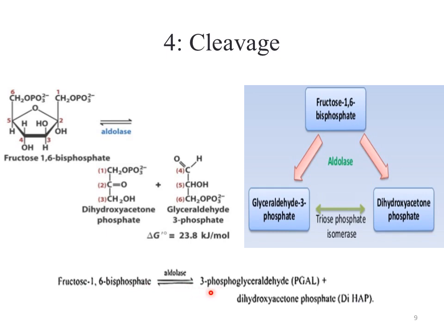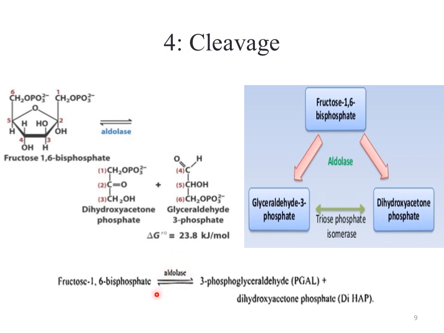One is 3-phosphoglyceraldehyde, which is abbreviated as PGAL, and the other is dihydroxyacetone phosphate, which is abbreviated as DIHAP. And this process occurs in the presence of aldolase enzyme.